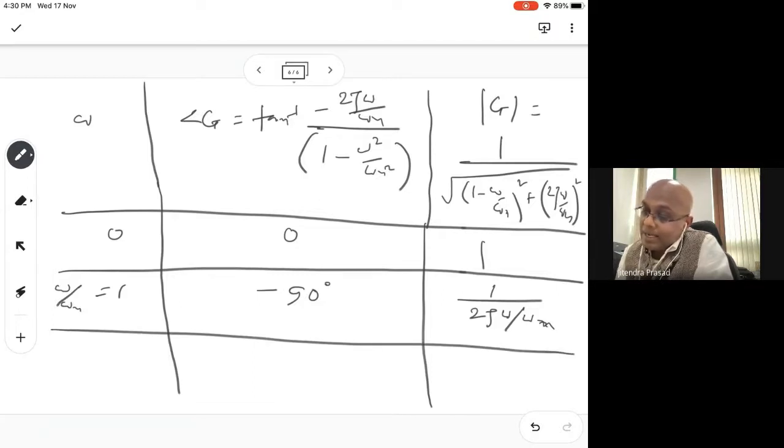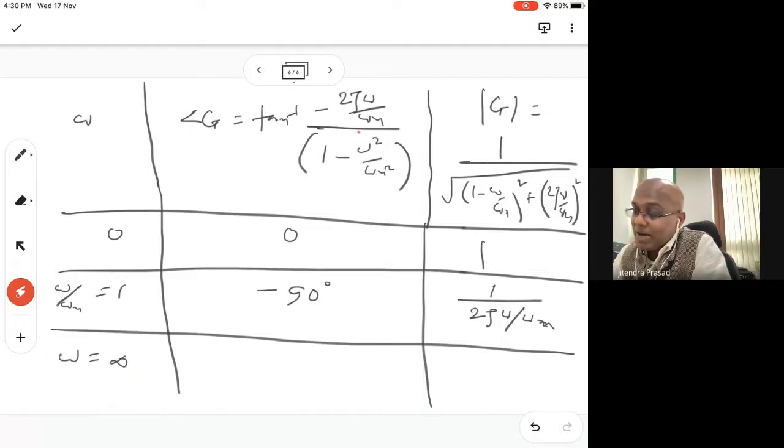Now let's say omega is very large, omega equal to infinity. Then what happens? If you put omega equal to infinity, you have 1 minus infinity, and then you have infinity here as well.